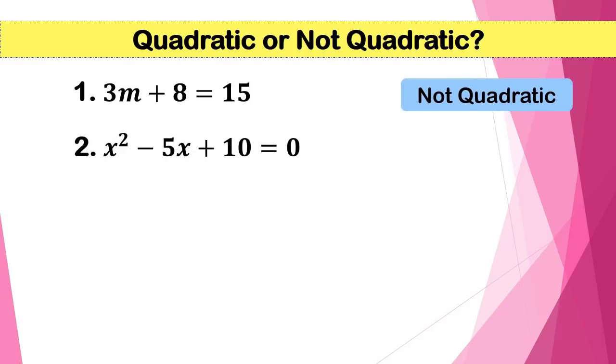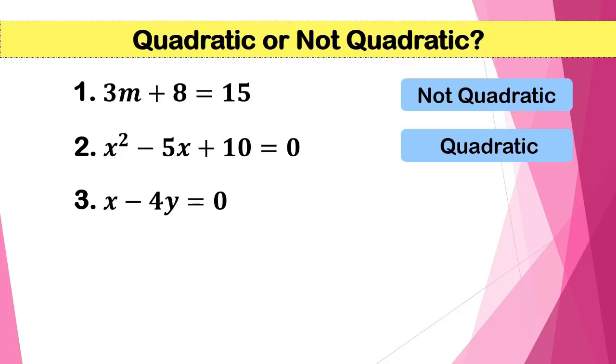Next, number 2. We have here x squared minus 5x plus 10 equals 0. So since the highest exponent or the highest degree of the given equation here is 2, this is an example of a quadratic equation. Number 3, we have here x minus 4y equals 0.